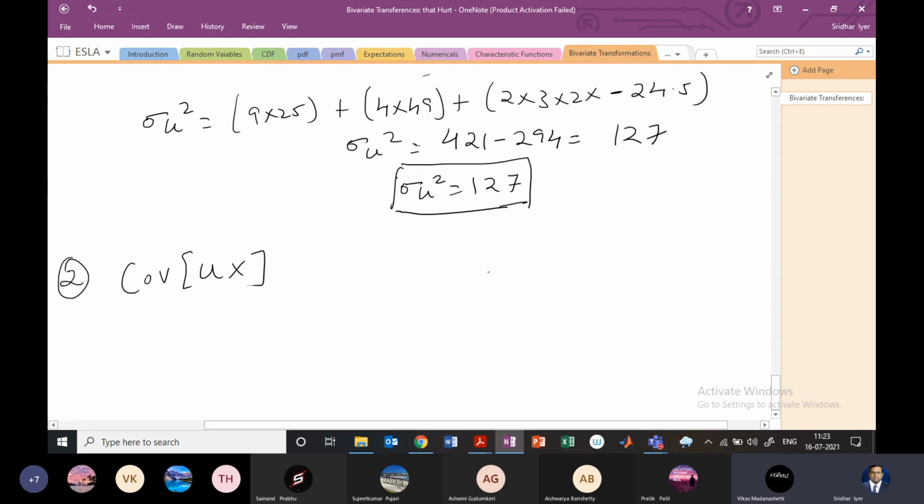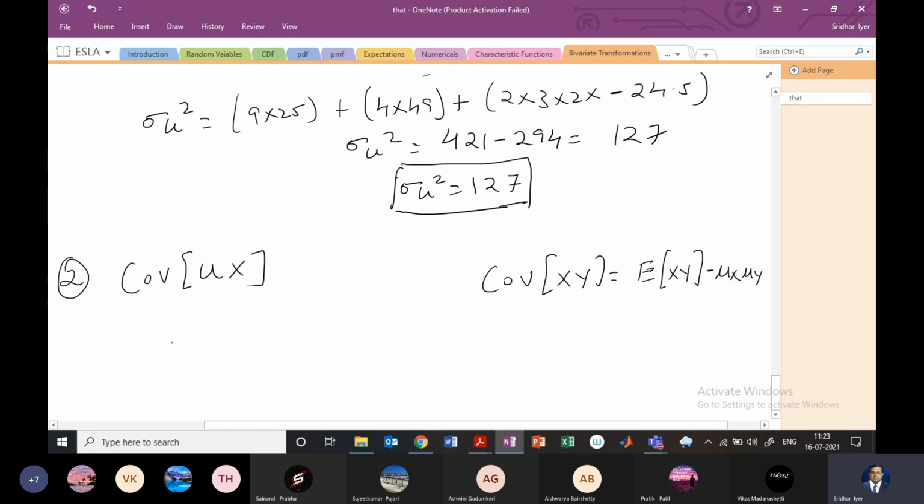Right. So let me write this here. Covariance of xy is E of xy minus mu x mu y, right?